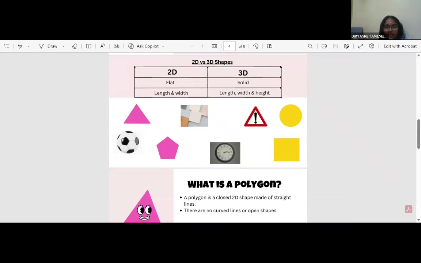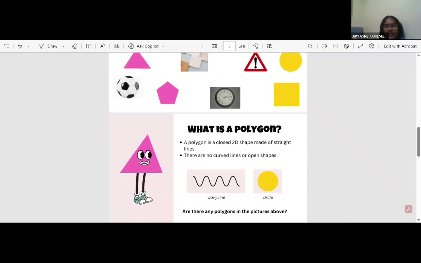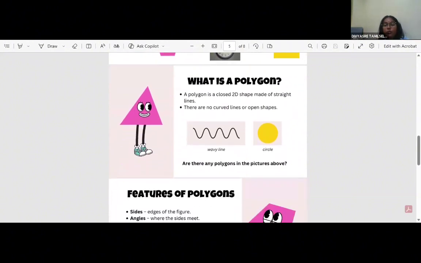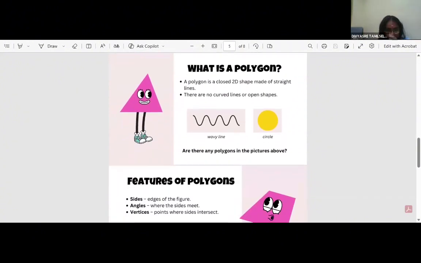So now let me introduce you all to a new concept, which is polygon. A polygon is a closed 2D shape which is made of straight lines, and when I mention straight lines, they don't have any curved lines or open shapes, they are mostly closed. So Adonia, do you think circle is a polygon or not?